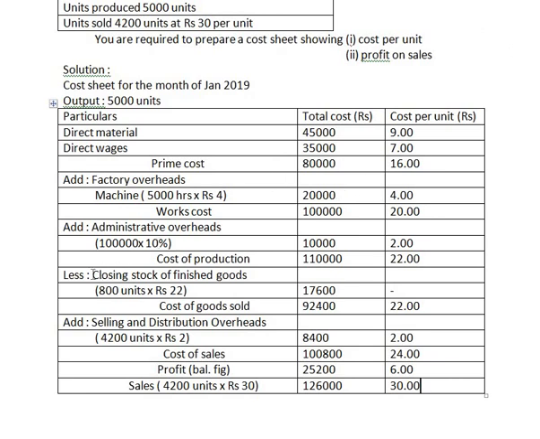The only thing is you will have to know closing stock of finished goods. Even though the closing stock of finished goods is not given, you will have to find it out if there is a difference in units produced and units sold. In this case, units produced is 5,000 and units sold is 4,200, so there is a difference of 800 units.